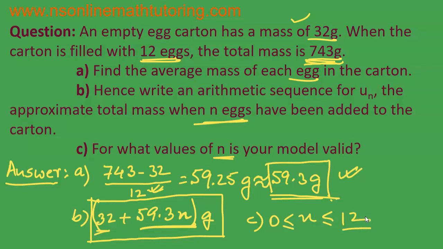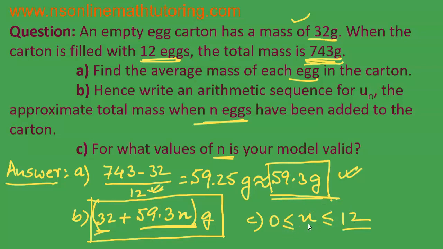We cannot say what will be the average when 13 or 14 eggs are placed in the carton. I do not know whether there is any empty space remaining in the carton. And even if there is some empty space for 1 or 2 or more eggs, we do not know what the masses of those eggs will be and how they will change the average mass.